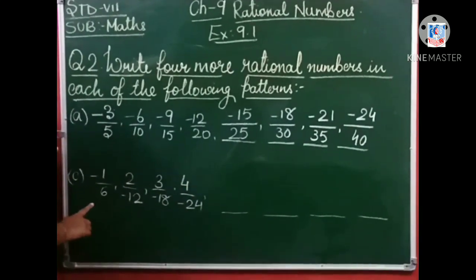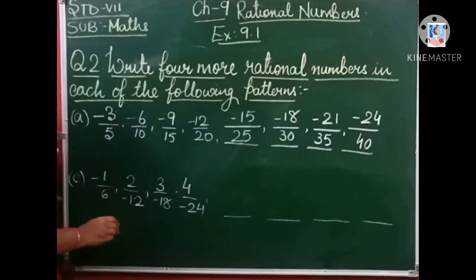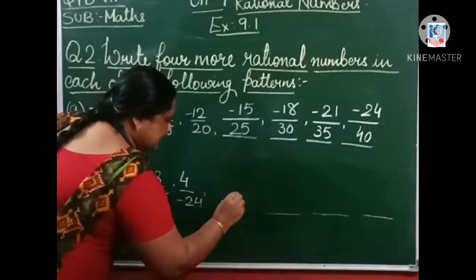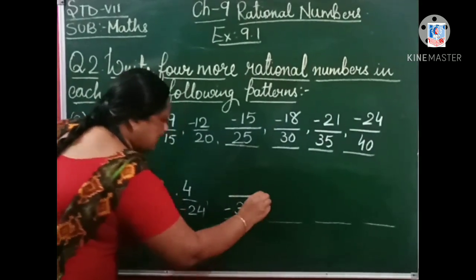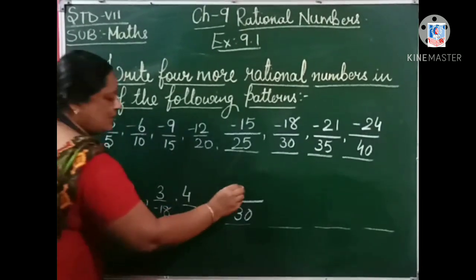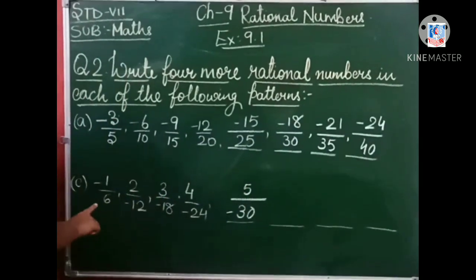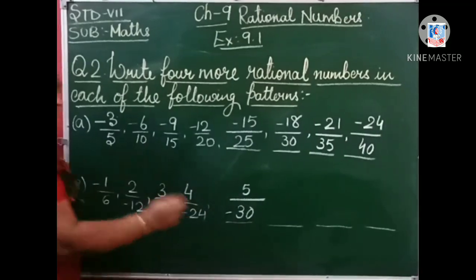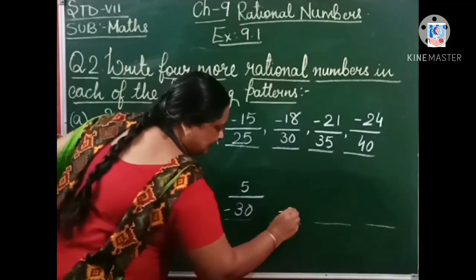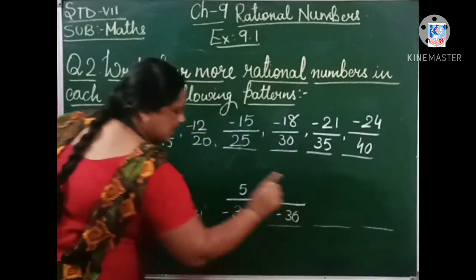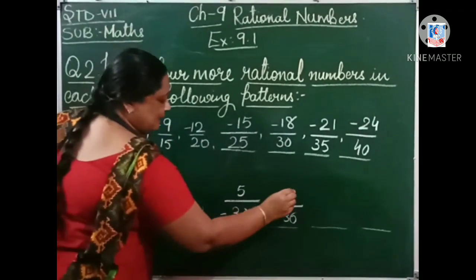Now what will come? Minus 6 into 5, that is minus 30, and numerator 1 into 5 is 5. Next, minus 6 into 6 minus 36, and 1 into 6 is 6.